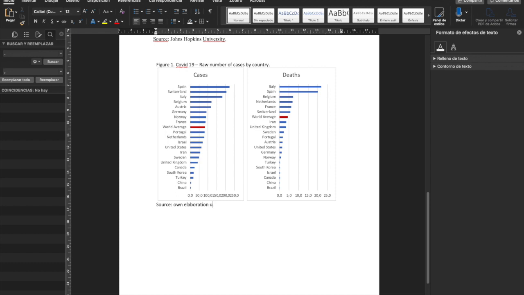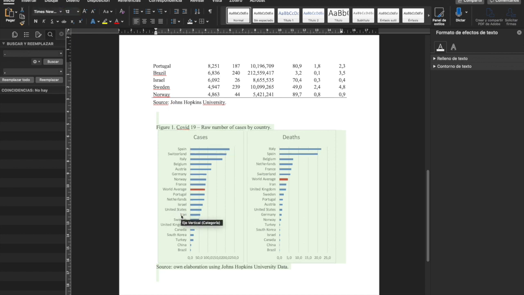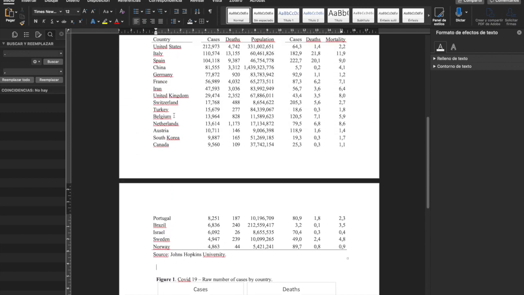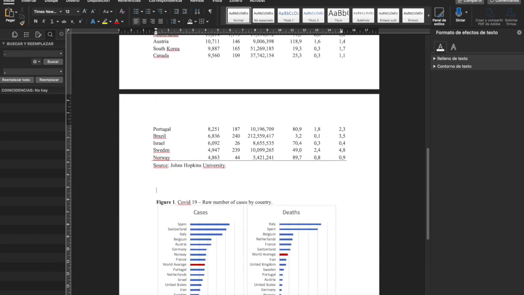Source: own elaboration using Johns Hopkins University data. Okay, it's important to maintain a certain style. So if I start tables and figures with the name in bold, I keep this style all over the text.